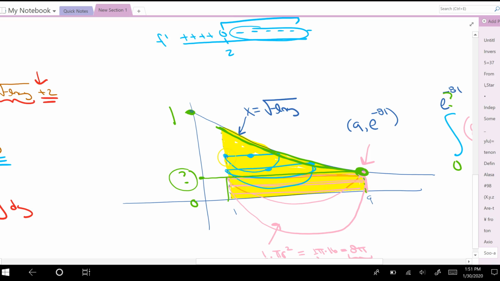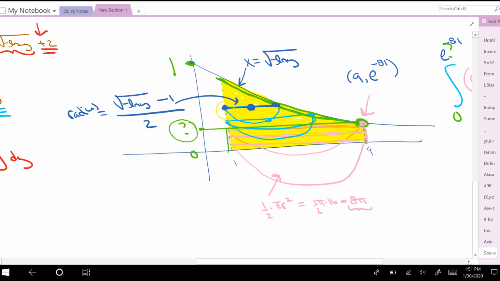So this distance right here, the diameter, is the root of negative ln y minus 1. Would you agree that's this distance here? Now follow me. That means the radius of this semicircle is the root of negative ln y minus 1, all over 2. That's the radius of each of those semicircles.